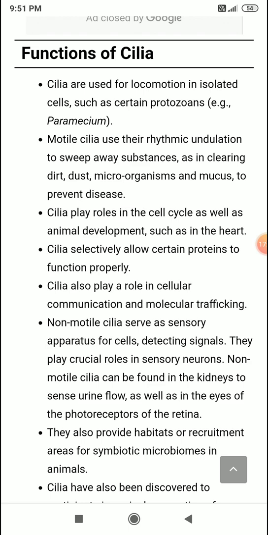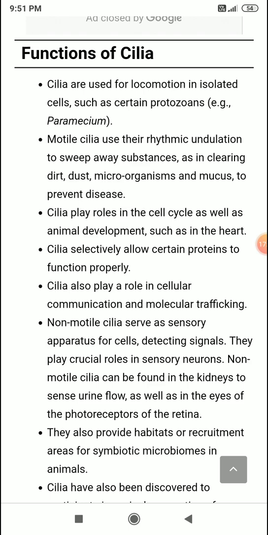Cilia also play a role in cellular communication and molecular trafficking. Non-motile cilia serve as sensory apparatus for cells, detecting signals. They play crucial roles in sensory neurons.